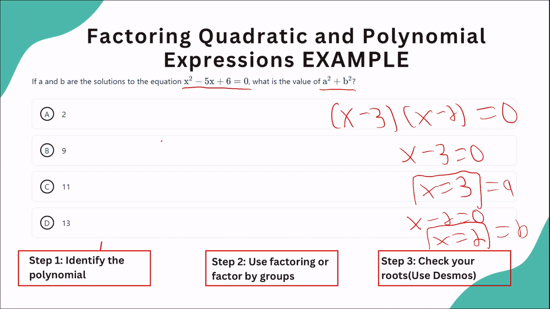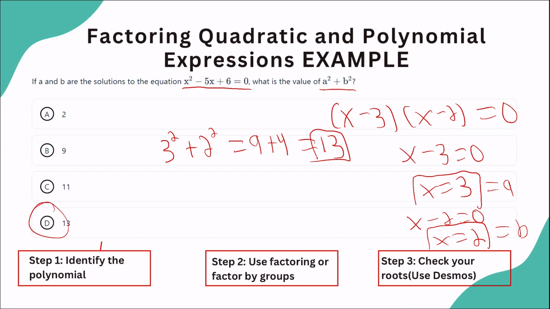So A squared is going to be 3 squared plus B squared is going to be 2 squared. And that's going to give me 9 plus 4, or 13. So that's the correct answer on this one.